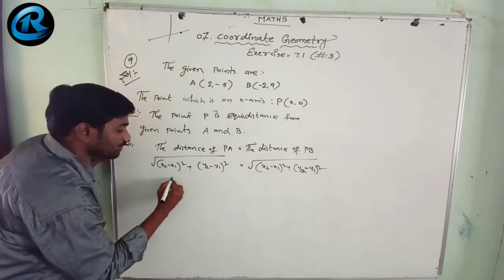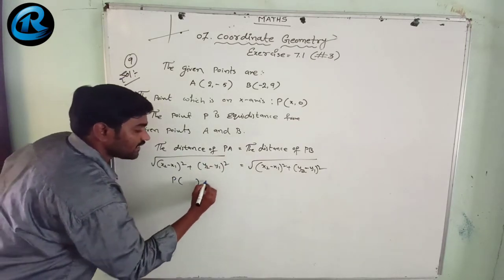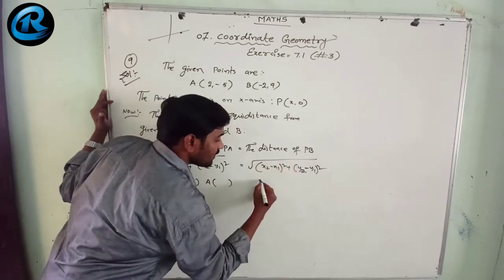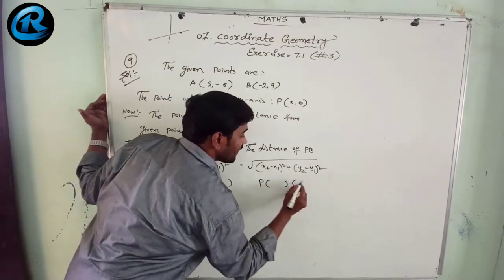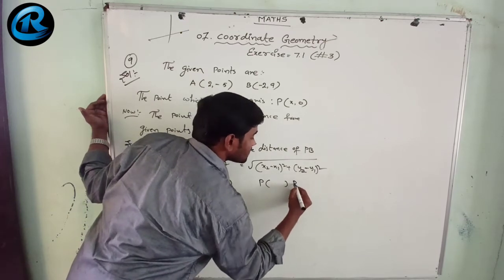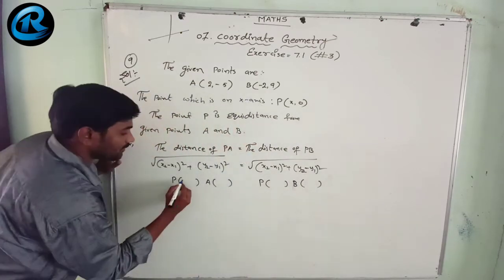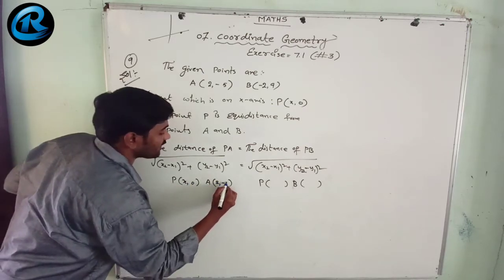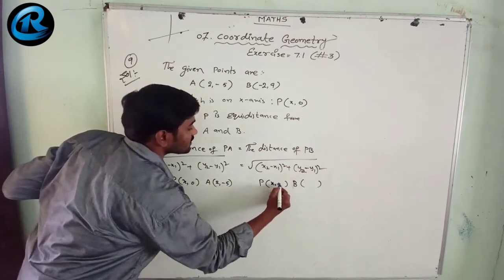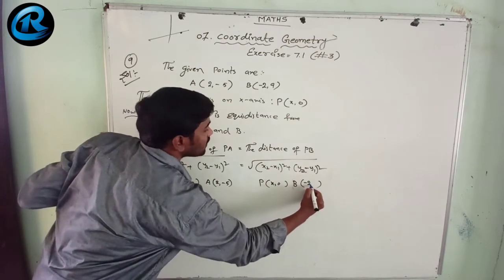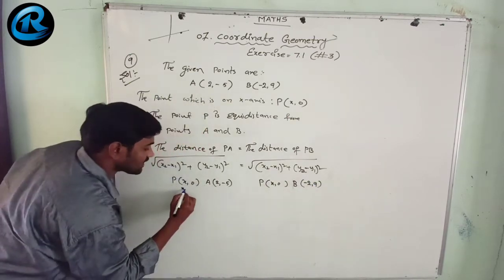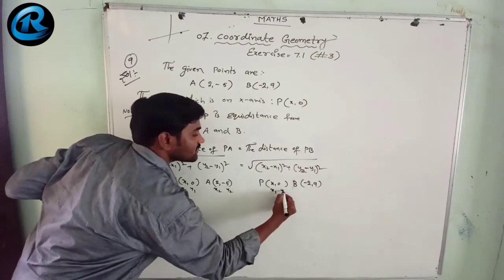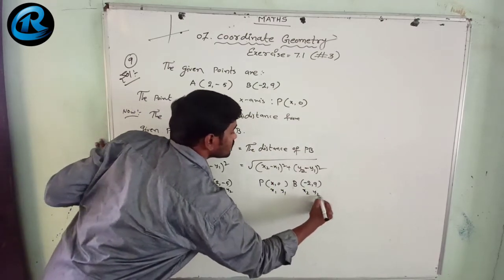First let us write PA: the coordinates of point P and point A. Here PB is nothing but the coordinates of P and B. P is x comma 0, A is 2 comma minus 5, and B is minus 2 comma 9. Taking x1 y1, x2 y2 for each.